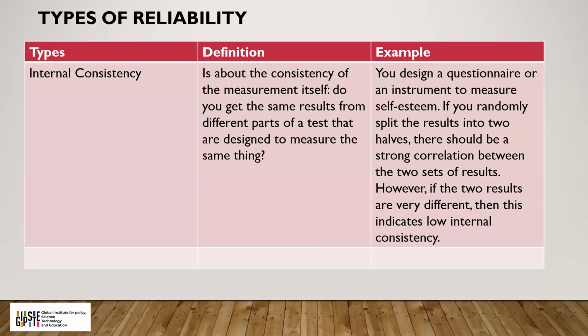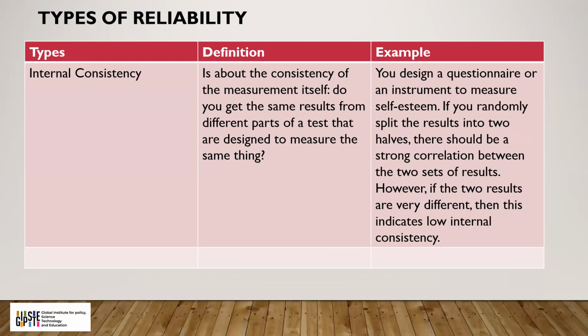The next type is internal consistency. Internal consistency is about the consistency of the measurement itself. Do you get the same results from different parts of the test that are designed to measure the same thing? For example, you design a questionnaire or an instrument to measure self-esteem.